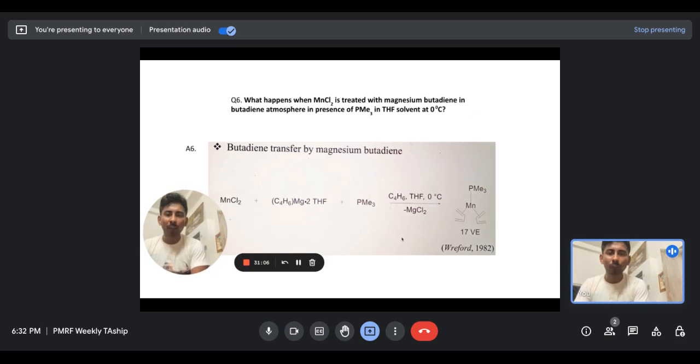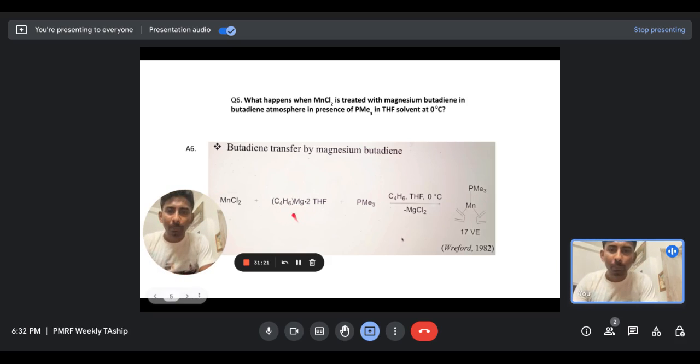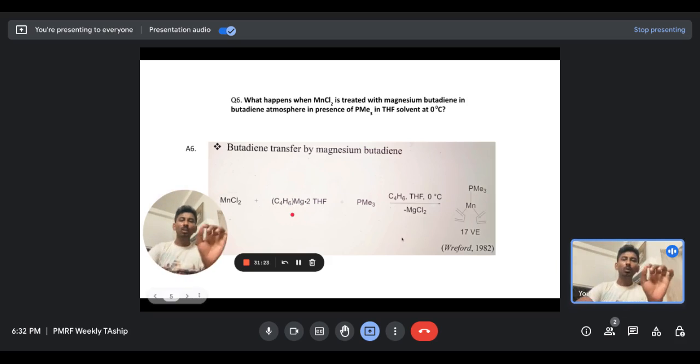So here you have to actually see the components of the reaction. Here you can see there is MnCl2, a 3d transition metal halide, which is treated with C4H6·Mg·2THF. THF is a 2 electron donor. Magnesium's octet is not fulfilled. It's only one butadiene, C4H6.